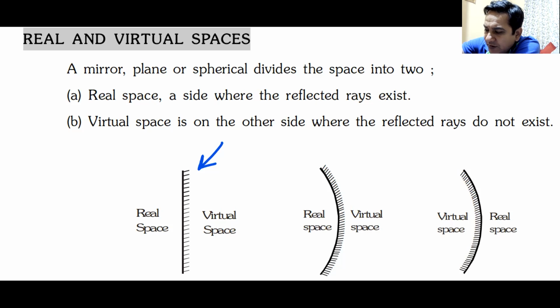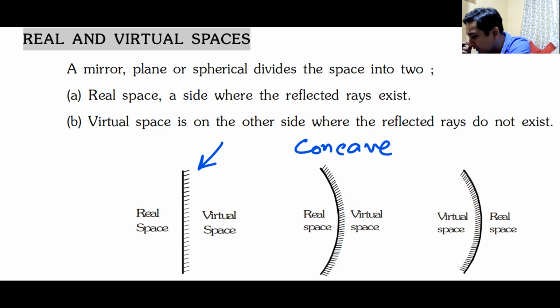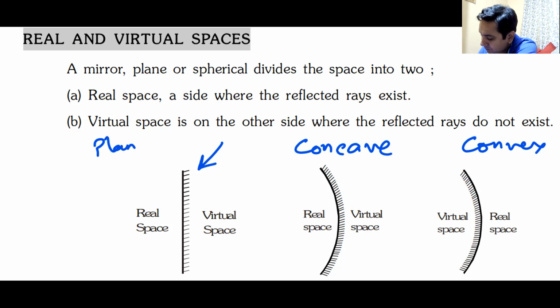As you can see, the mirror is flat. The other two mirrors that you see, one is known as a convex mirror and the other one is known as a concave mirror. Which is the convex and which is the concave one? This is the concave one. Have you heard the term concave mirrors? And this is the convex mirror. This is the plane mirror.